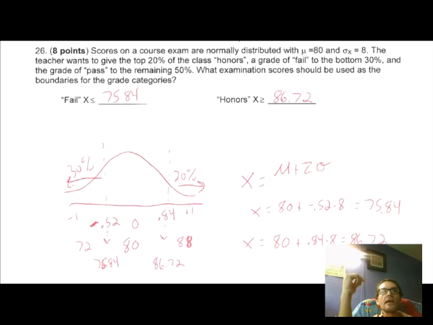Okay? So now, interestingly, let's go out to the other side. In order to figure out the z that's going to set off the top 20%, we need to know the z which has 30% between it and the mean. Kind of a funky little thing there.